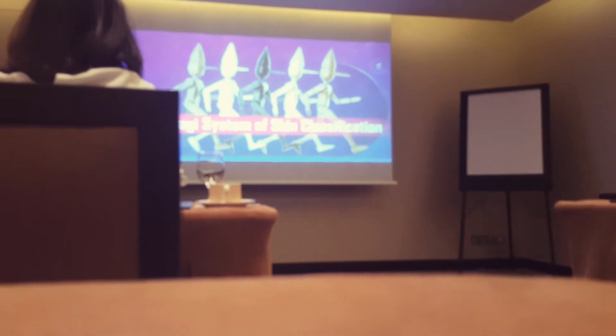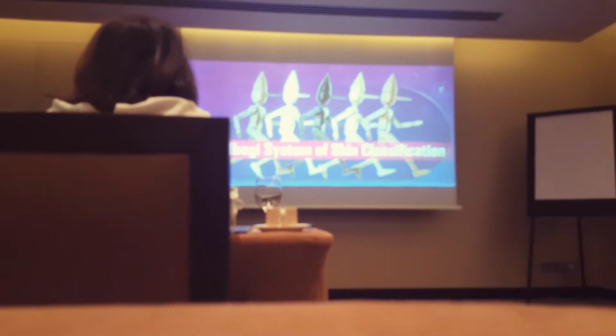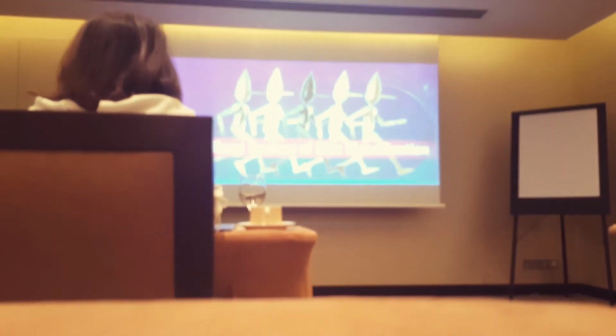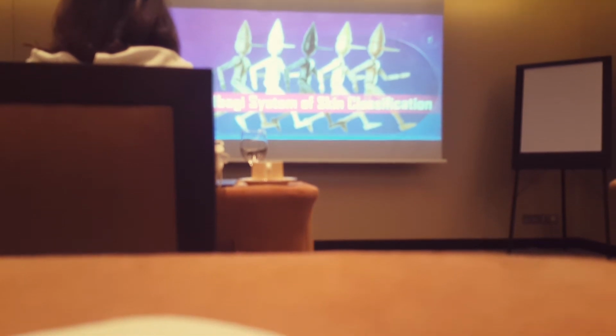Now let's talk about skin classification. This is also a very important step to understand skin. The Fitzpatrick skin classification from 1 to 6 is not really a skin classification. He only described the color.